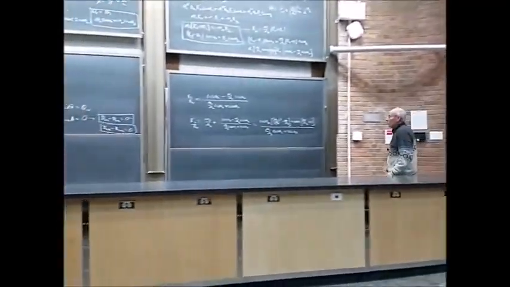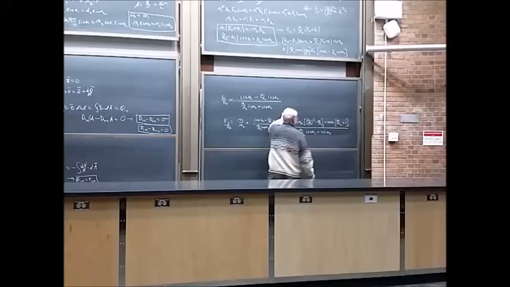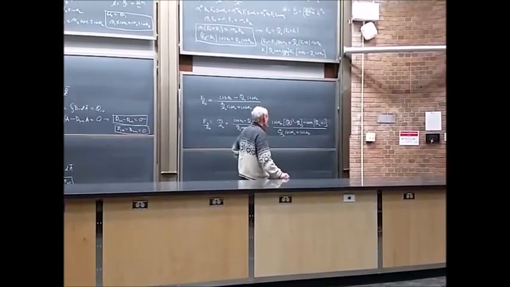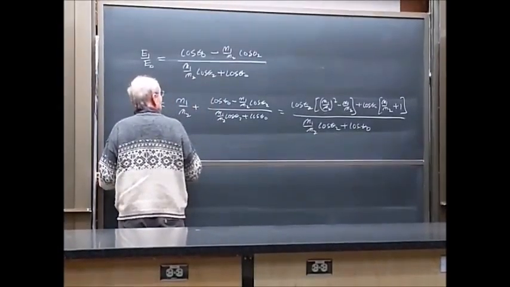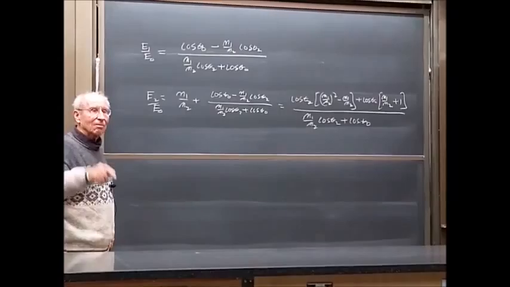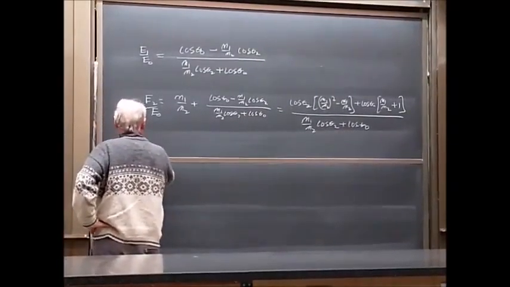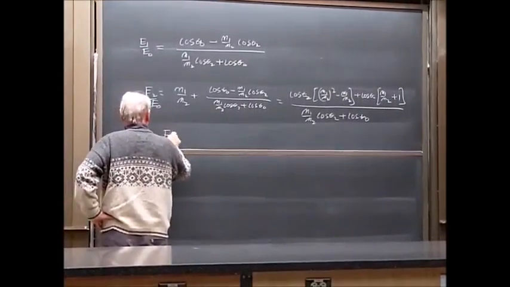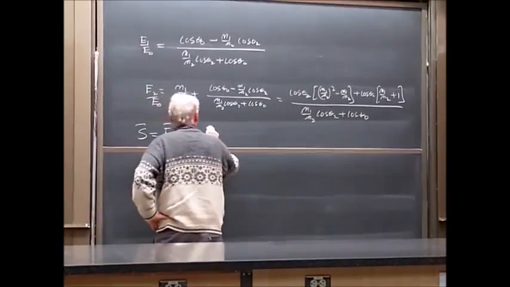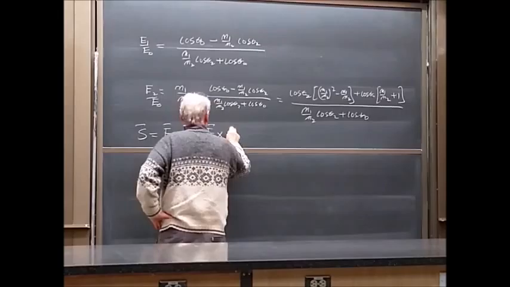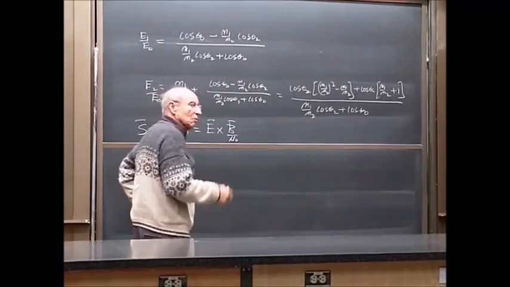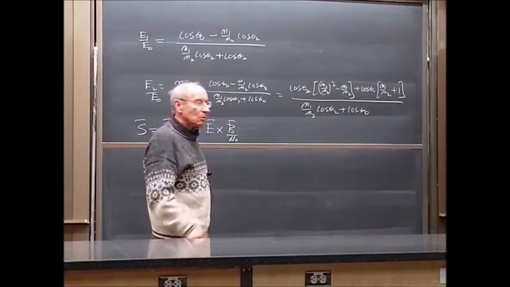So let's see what these things are. Everybody followed this all right? Okay. So I'll write this up for you and pass it out as notes on Wednesday. So S is E cross H, which is E cross B over mu 0, because we're taking mu to be mu 0.